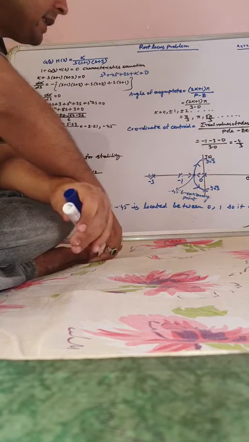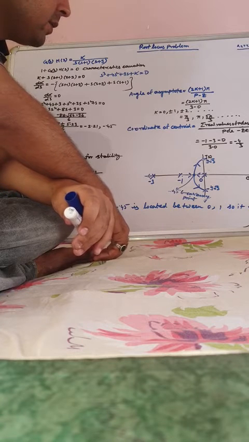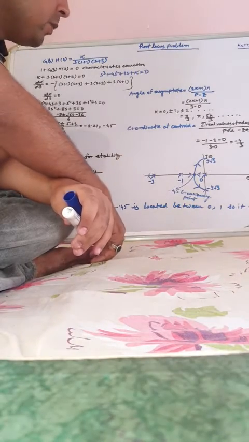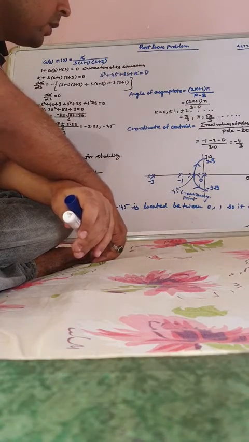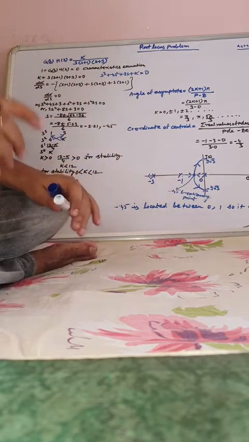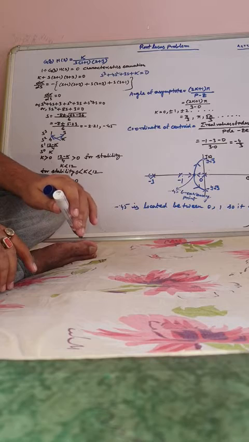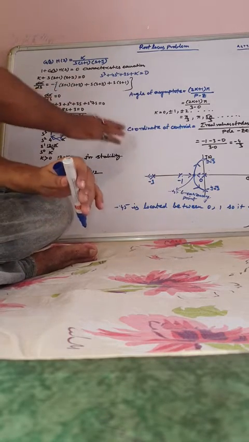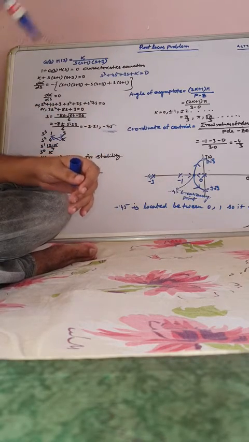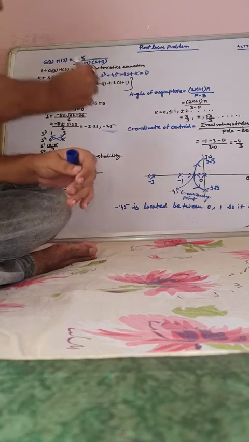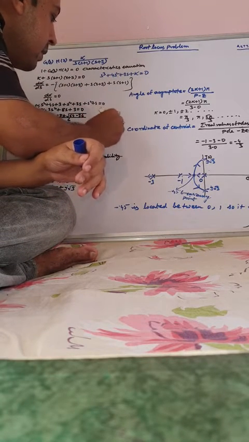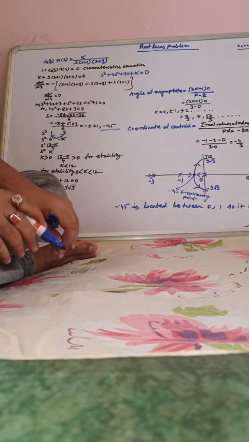These two real axis root locus branches are meeting at a point located between minus 1 and 0. This value is minus 0.45. So this is your breakaway point.